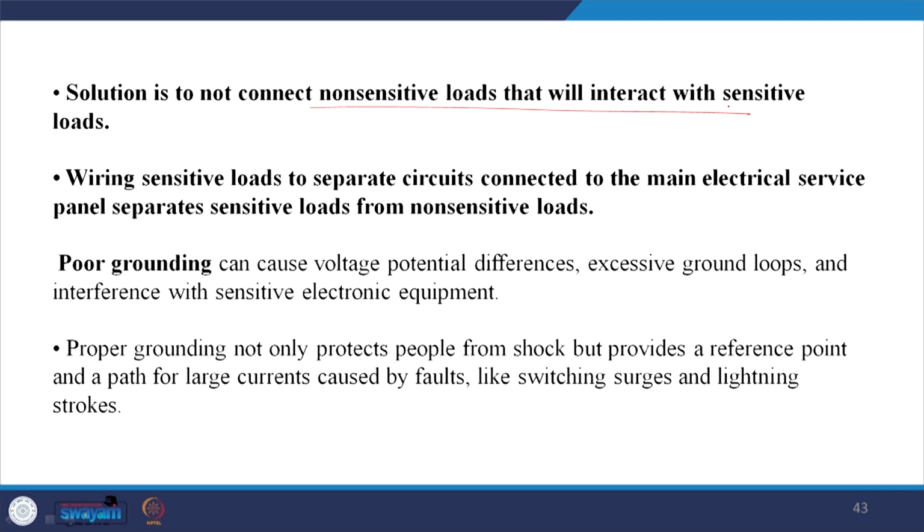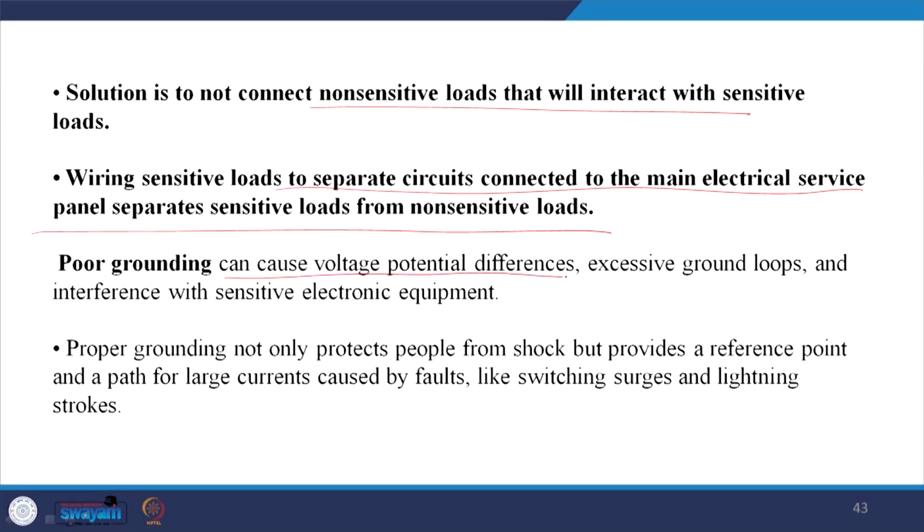You should not keep them on the same power supply, you should have a segregated power supply. Wire the sensitive load to a separate circuit connected to the main electrical panel, separate from the non-sensitive loads. So, your pump in a domestic house and the computer are required to be kept in isolation.